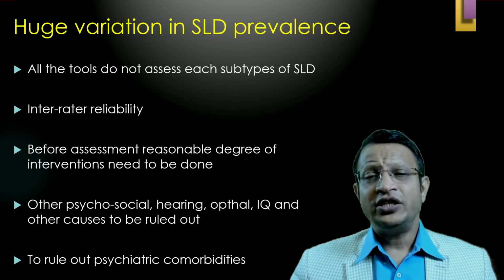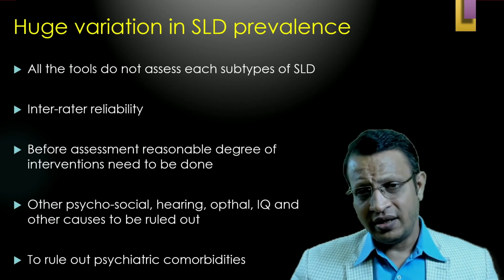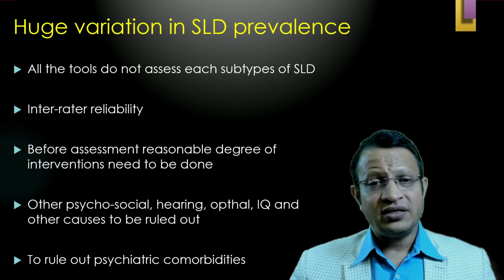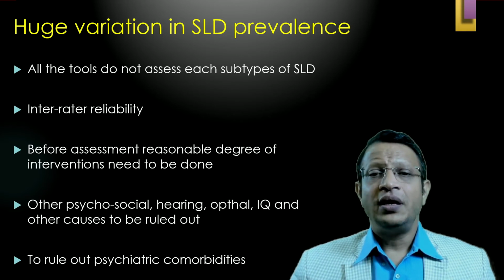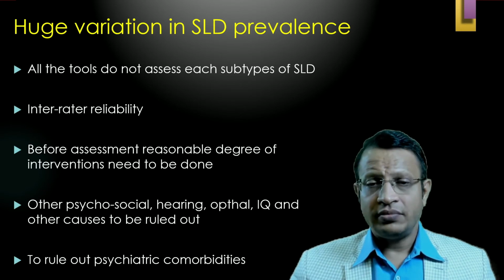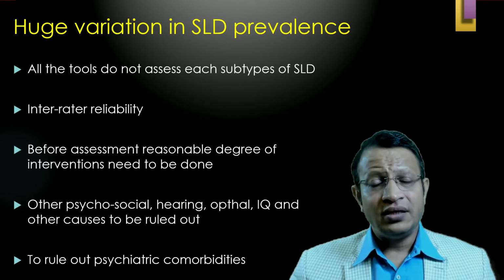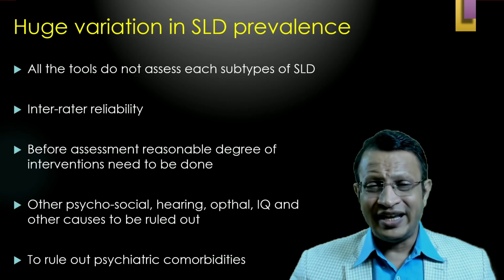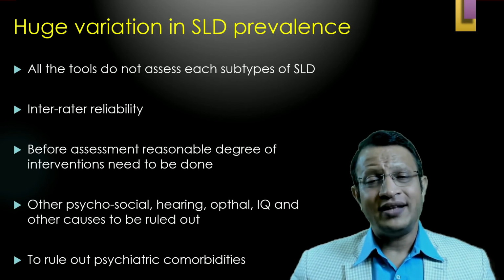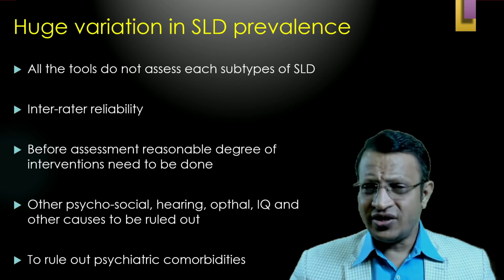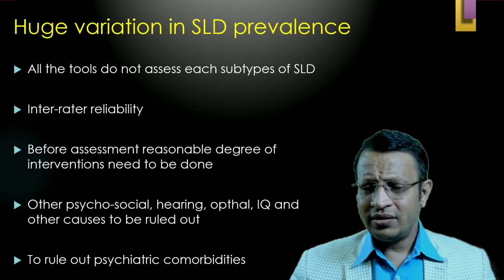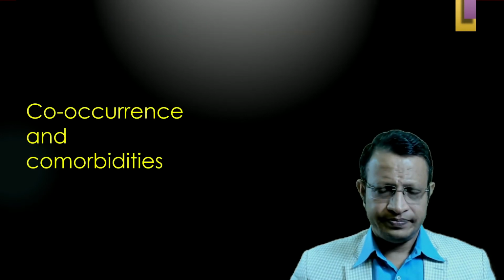Some remedial measures have to be done. Unfortunately, we are not doing that. Other psychosocial problems, hearing problems, sight or ophthalmic problems, IQ, and other causes are not ruled out in many of these studies. Further, one needs to rule out other psychiatric comorbidities such as depression, anxiety disorder, internalizing disorder, or externalizing disorder.